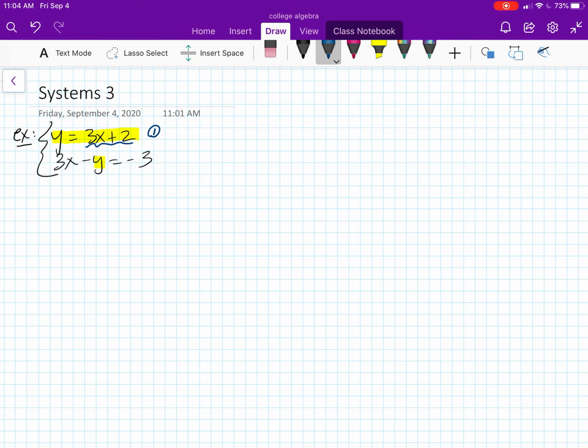Equation 2, though, we don't necessarily have to solve for y equals mx plus b because I could do this with intercepts fairly quickly. Either way, it's going to pan out. But let's get it in slope-intercept form. So I'd add y, so I'd have y minus 3 equals 3x, and then add 3. So y equals 3x plus 3.